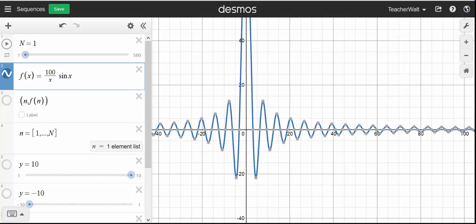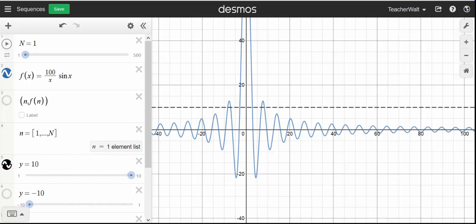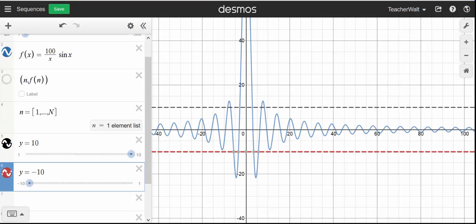Here's what it means when we say that as x goes to infinity, the limit is 0. If we pick an epsilon and go a little above 0 and a little below 0, in this case I went 10 above with the black line and 10 below with the red line, so epsilon is equal to 10.